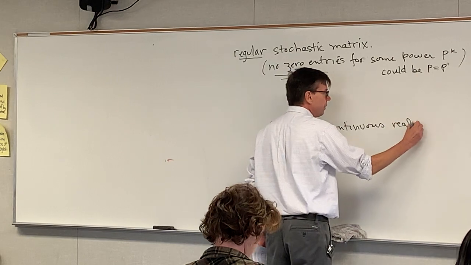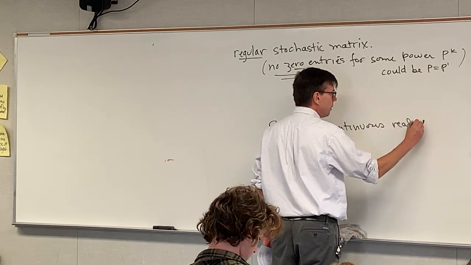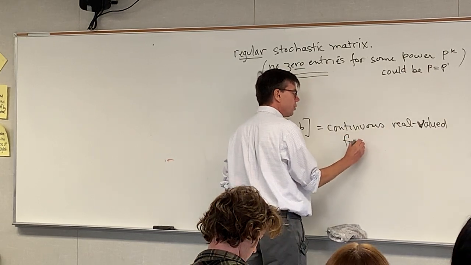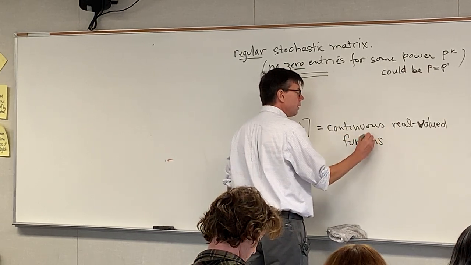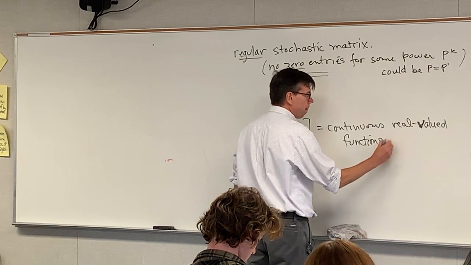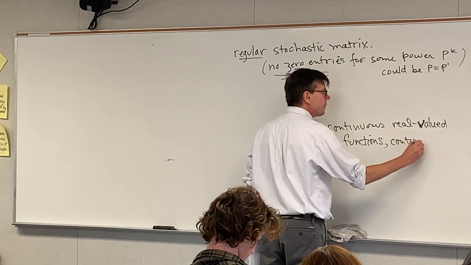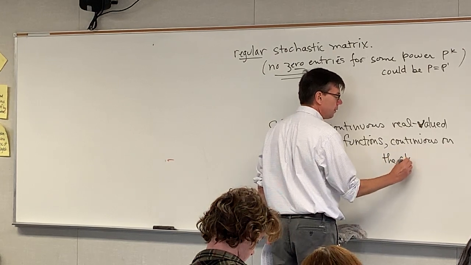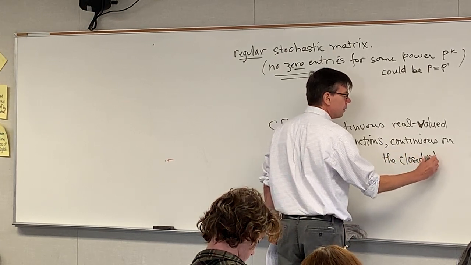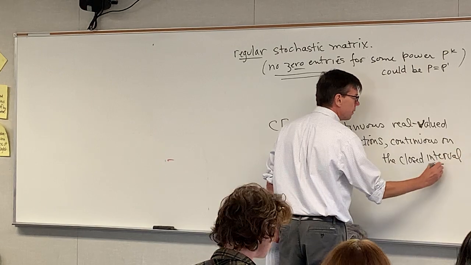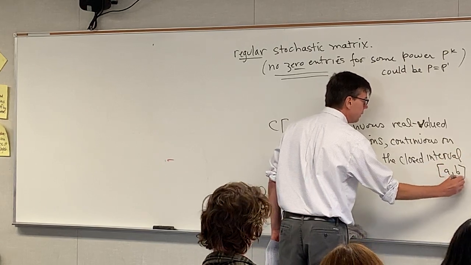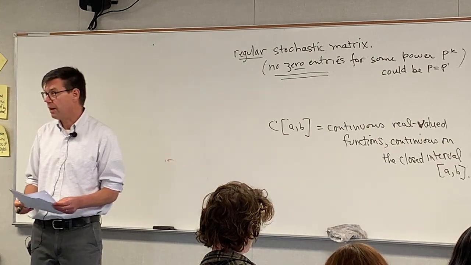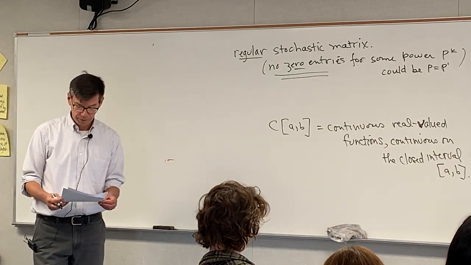There's what we call real valued functions, continuous on the closed interval from A to B. And that P sub n is a set of polynomials of degree less than or equal to n.